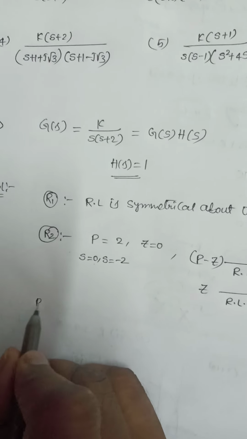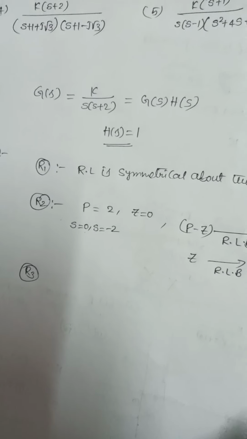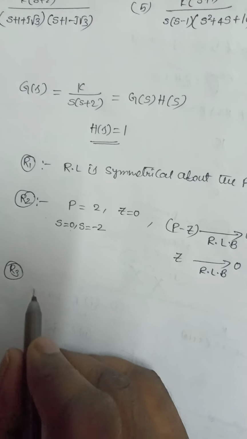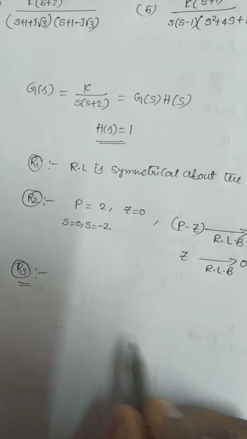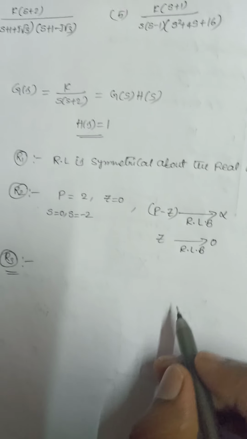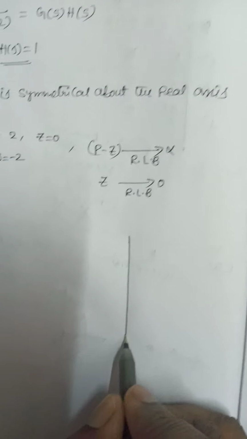Next, rule number 3. Existence of the root locus branches on the real axis. Rule number 3 gives the information about the existence of the root locus branches on the real axis. For that you have to draw this root locus diagram here.